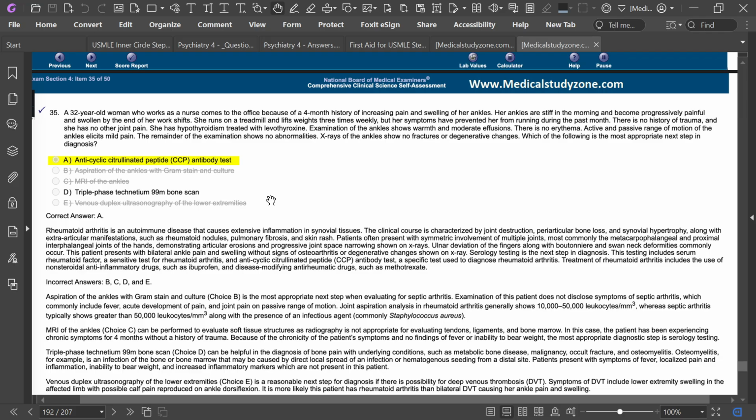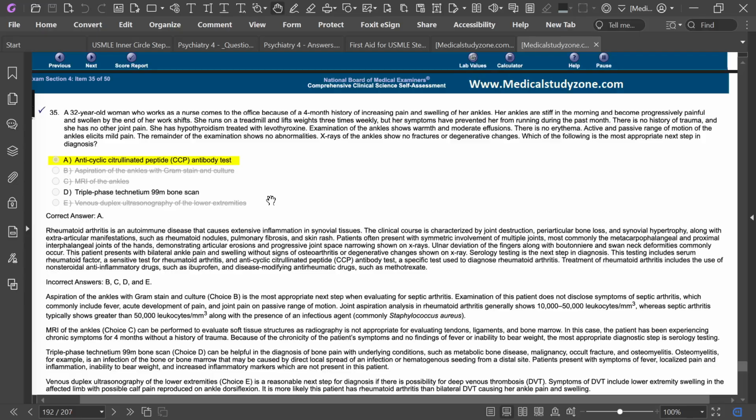Patients often present with systemic involvement of multiple joints, most commonly the metacarpophalangeal joint and PIP joint of the hands, demonstrating articular erosion and progressive joint space narrowing on the X-ray. Ulnar deviation of the fingers with boutonniere and swan neck deformity commonly occurs.